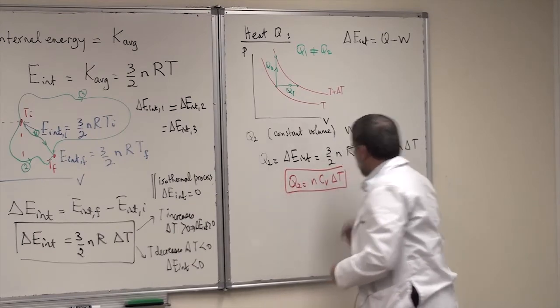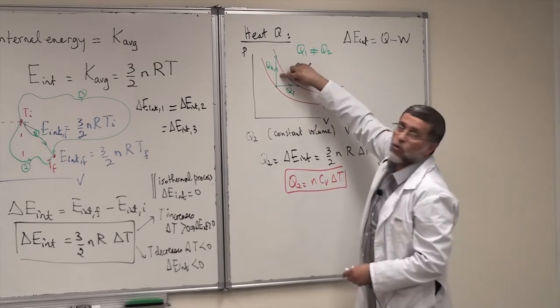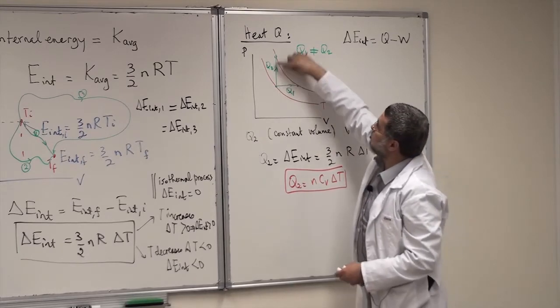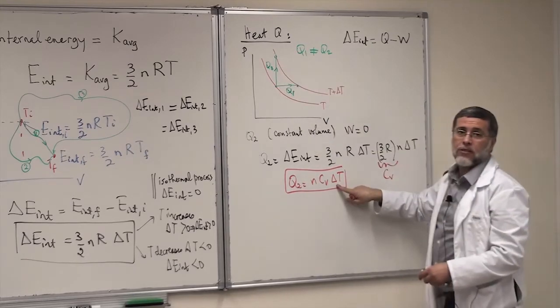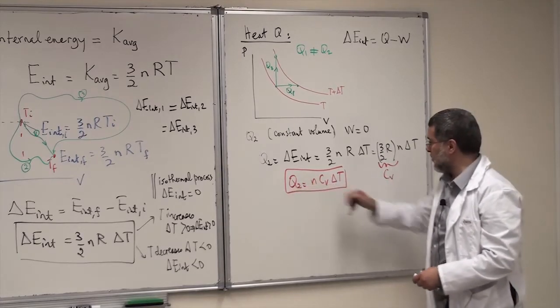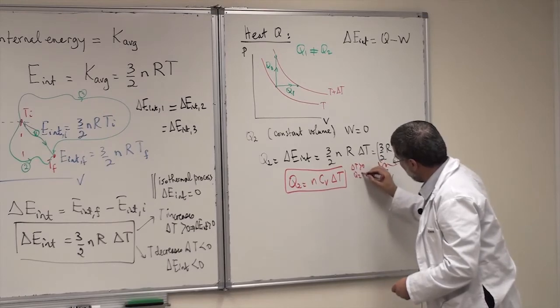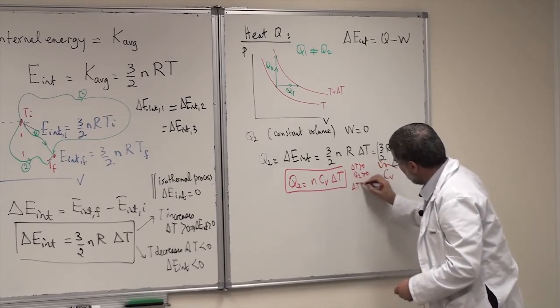That's the heat during this process here. Now, in this case, you see, the temperature has increased, delta T is positive, so Q2 will be positive. If delta T is positive, Q2 will be positive. If delta T is negative, Q2 will be negative.